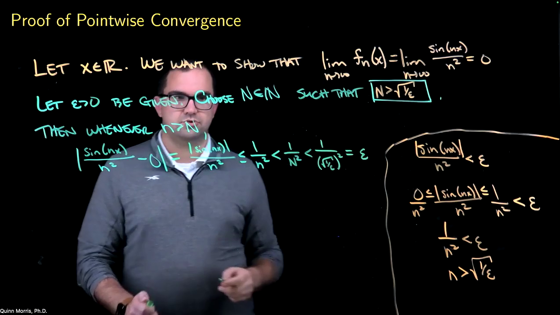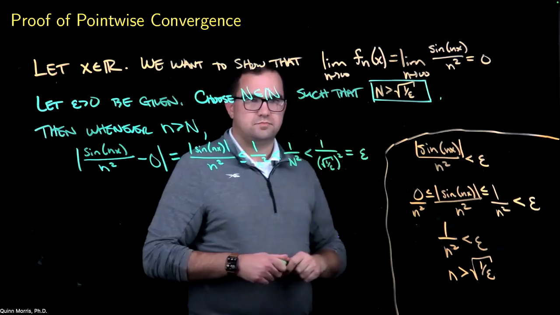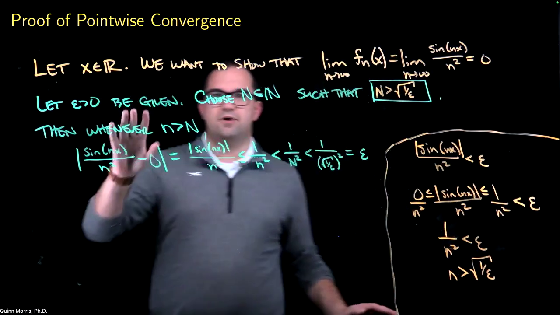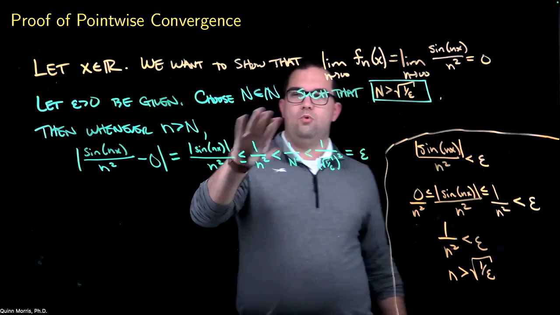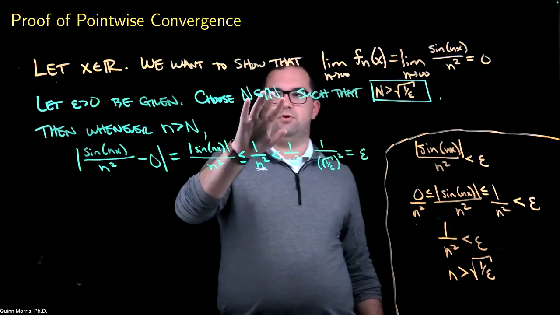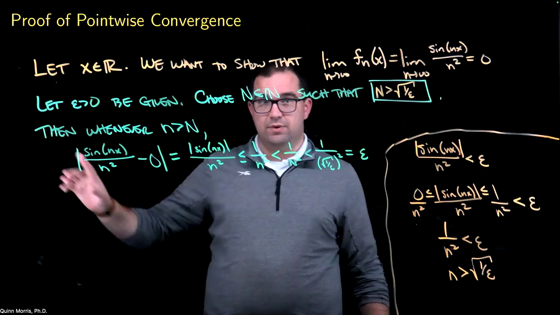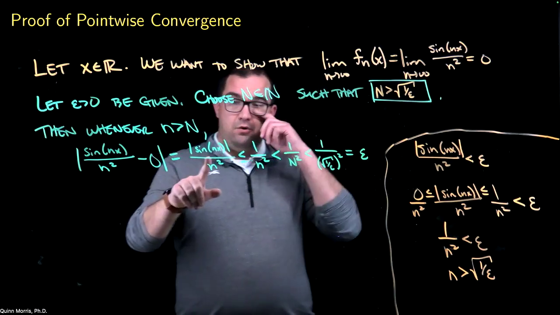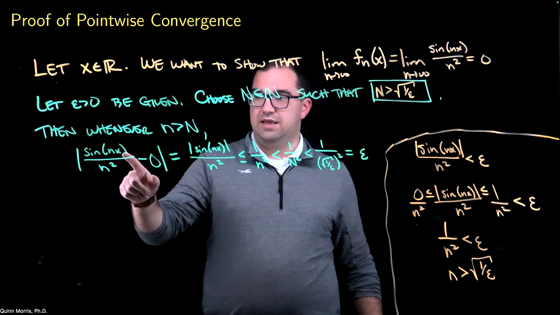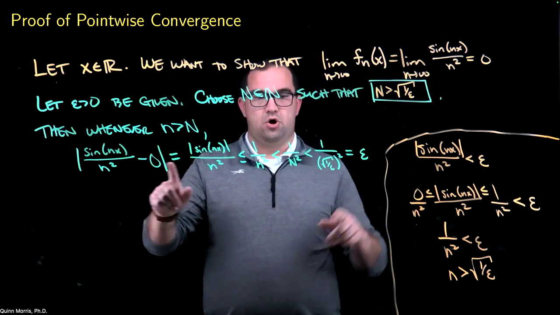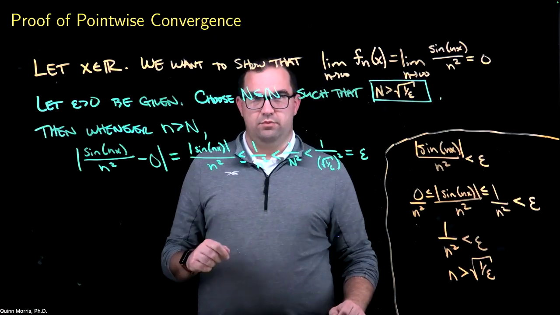And if I do a little bit of algebra, that's just equal to epsilon. So what have I shown here? I've shown that if you fix a value of x, I can always find a value of capital N such that whenever we go out past capital N in our sequence, our value sine of nx over n squared is always within epsilon of 0.